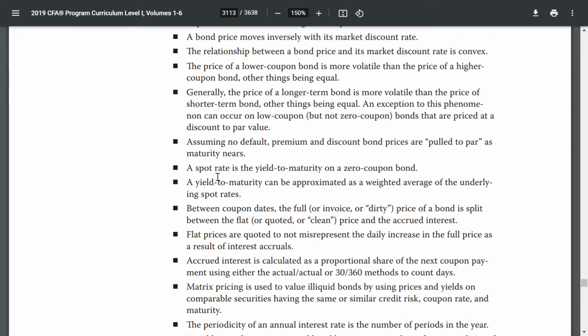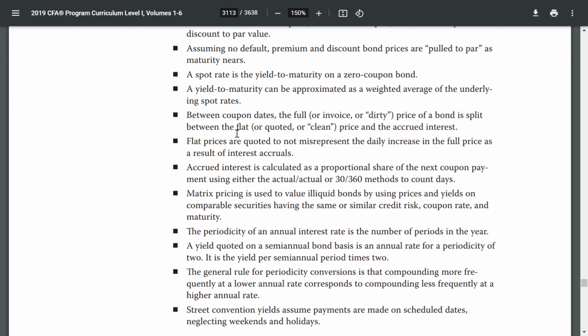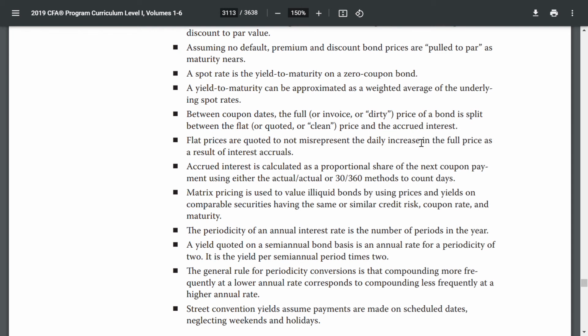A spot rate is the yield to maturity on a zero coupon bond. Yield to maturity can be approximated as the weighted average of the underlying spot rates. Between coupon dates, the full, or invoice, or dirty price of a bond is split between the flat, or quoted, or clean price and the accrued interest.